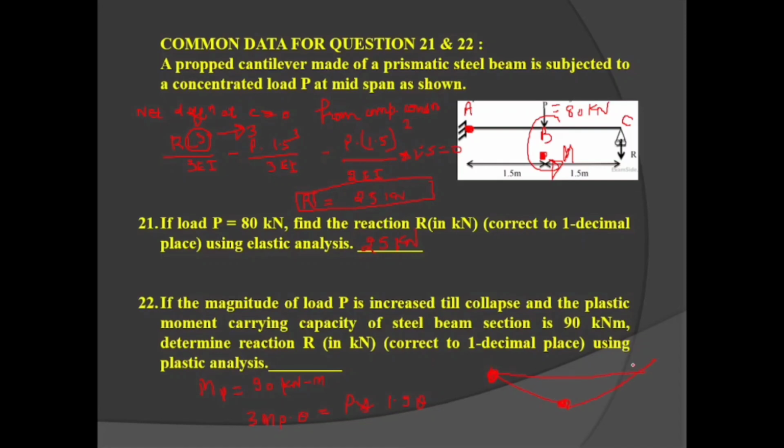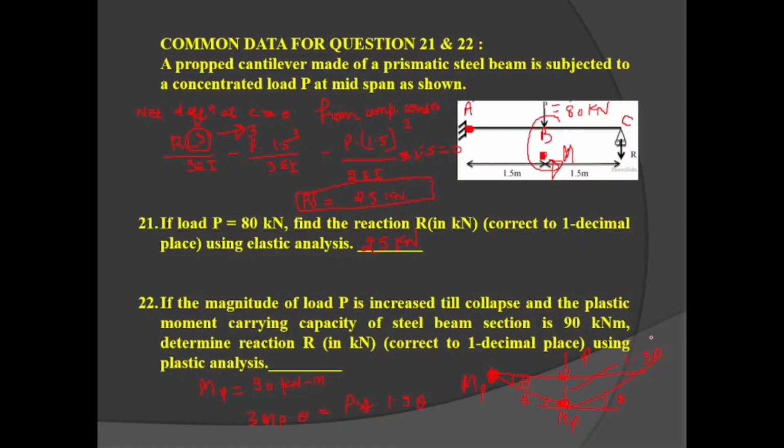Here no plastic hinge is there, so no MP, this is theta, MP into theta. And here load is basically P, so this value is equal to 1.5 into theta. My dear students, from here you can calculate the value of reaction.